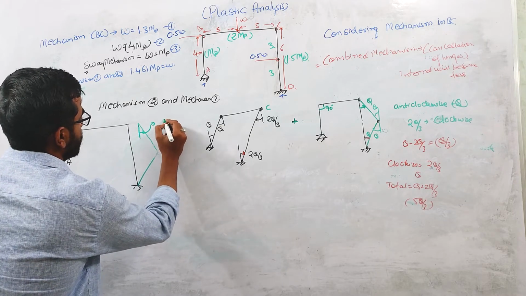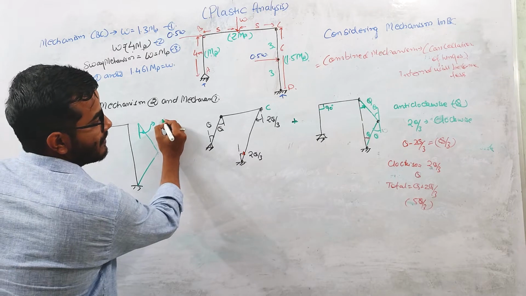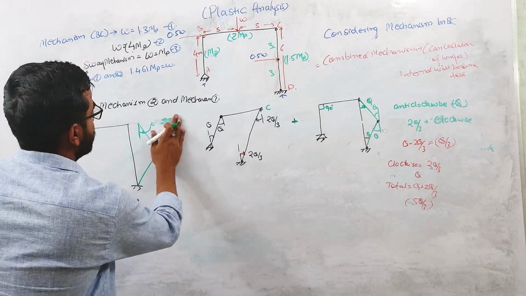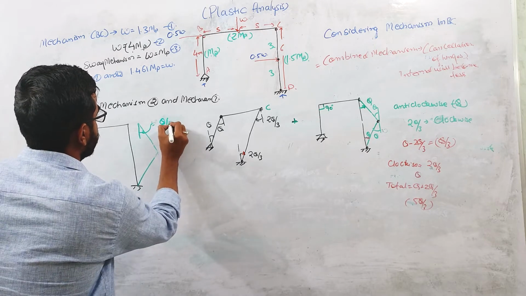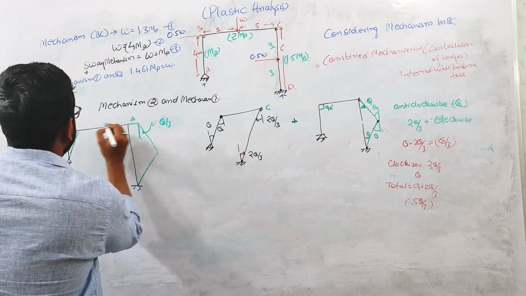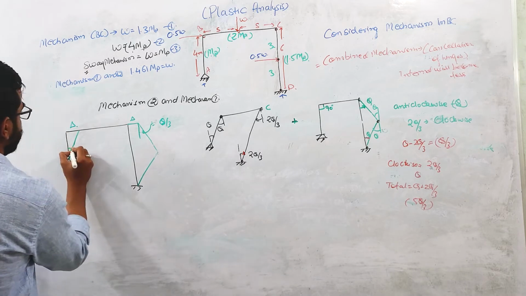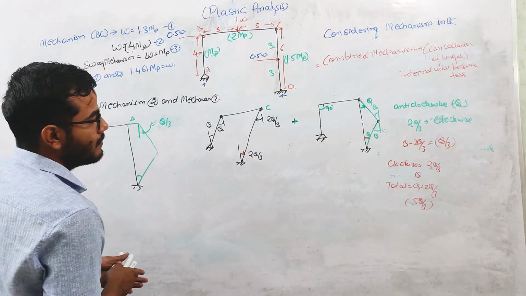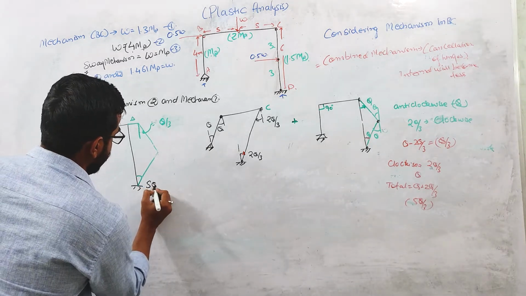This theta is basically 2 theta by 3, this theta is theta by 3. This is delta, this is delta, this is theta, this angle will be 5 theta by 3, 5 theta by 3.